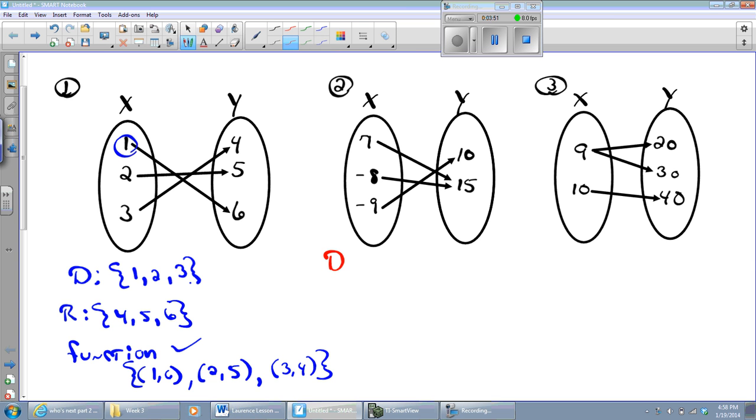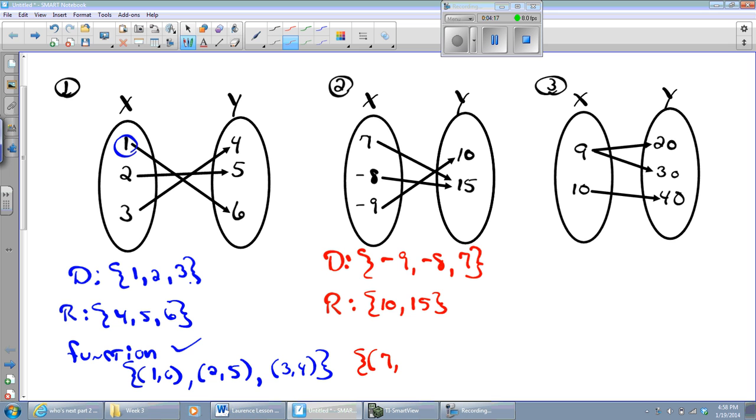Let's check out number 2. My domain is going to be -9, -8, and 7. My range is only 10, 15. Now let me see if it's a function or not. I can write the relation down. Sometimes it's easy to see.